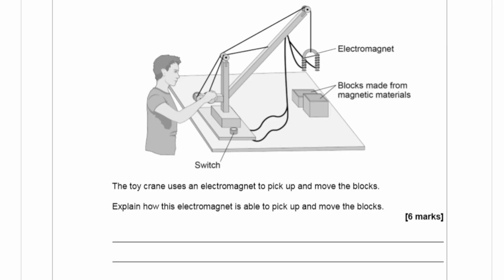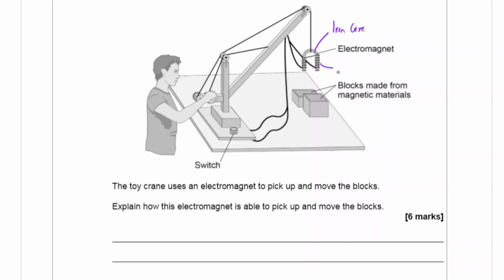Okay, so when the switch is pressed, a current goes through the wire, and what you have is this U-shaped or horseshoe iron core, right?